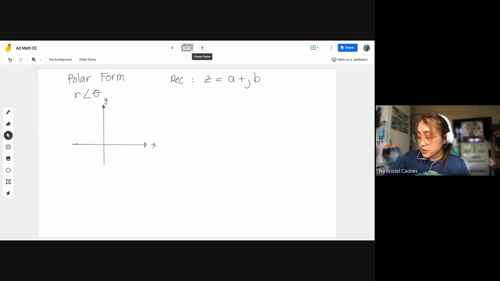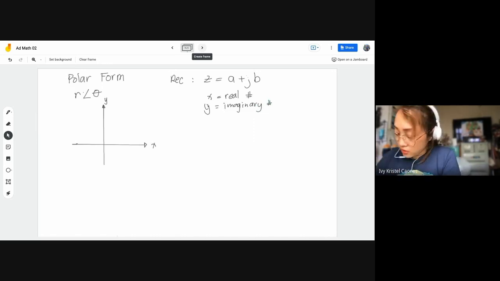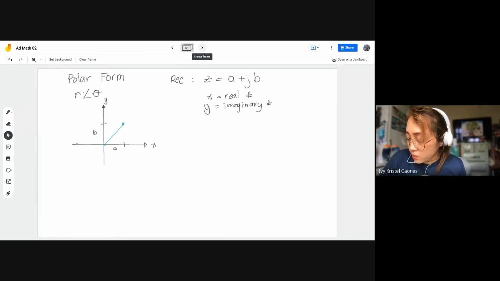So, our x is the real number, and our y is our imaginary. Okay? So, therefore, if we have a plus jb, our a is this one, our b is this one, and so this is our r now. As you can see, that is the hypotenuse of a right triangle.